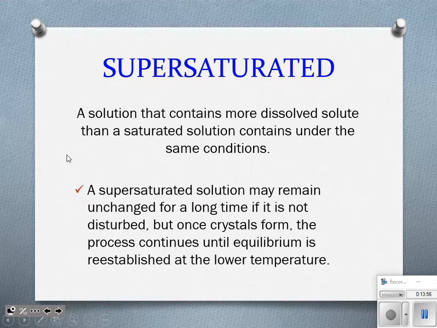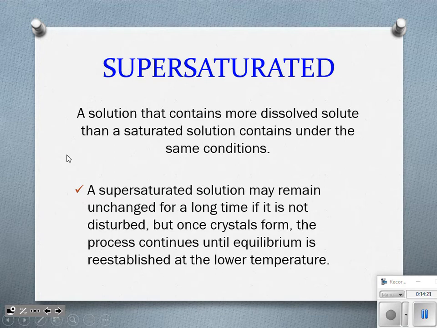A supersaturated solution may remain unchanged for a long time if it is not disturbed. But once crystals start to form, the process continues until we have the equilibrium reestablished at the lower temperature. Now, what that means is, let's say I'm dealing with salt.